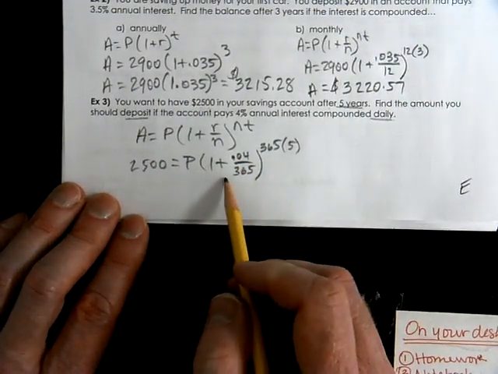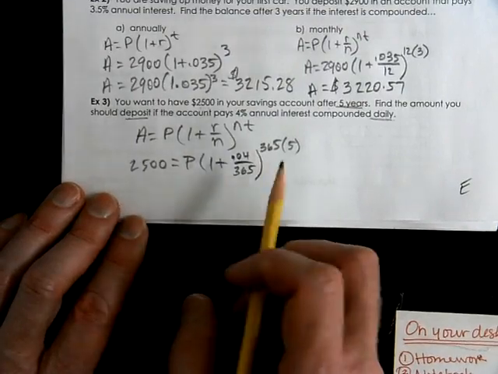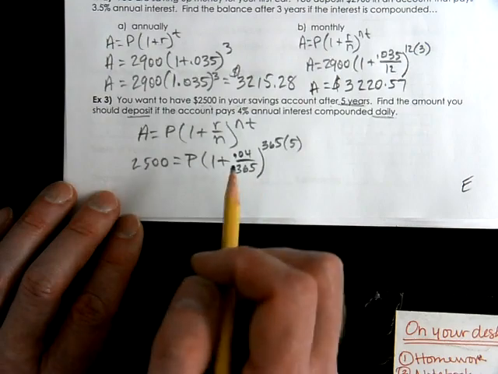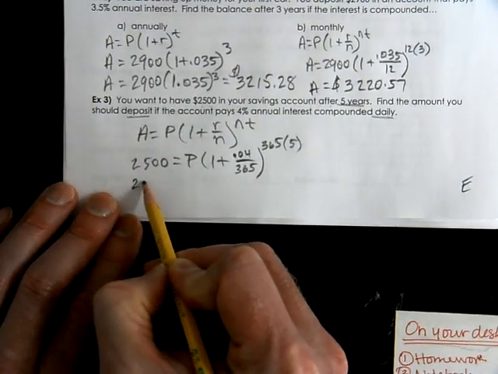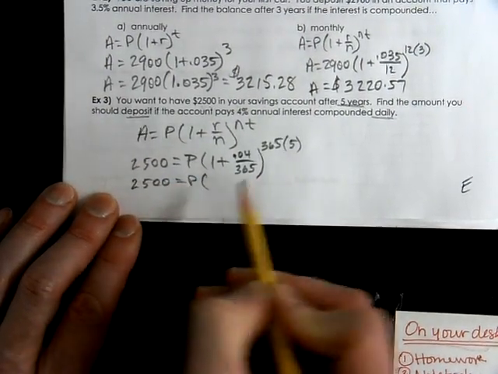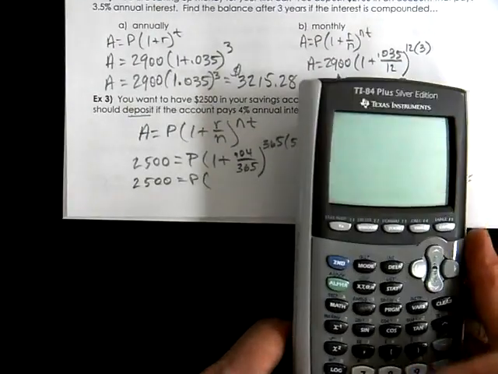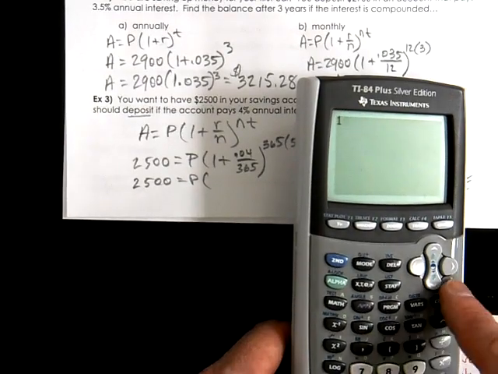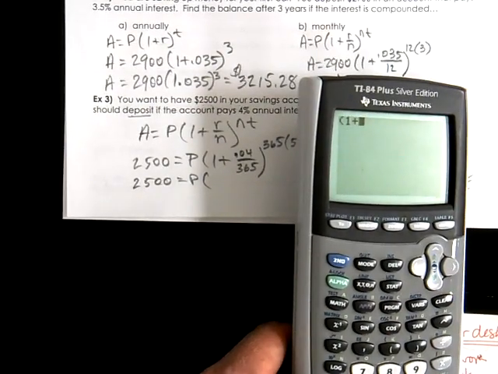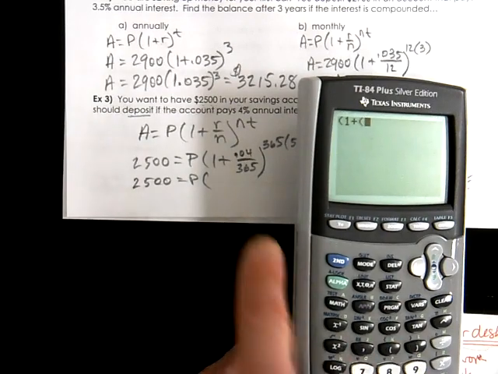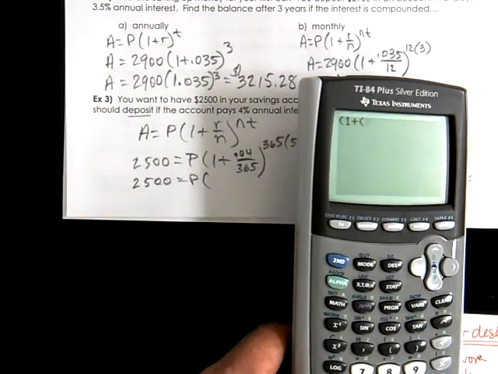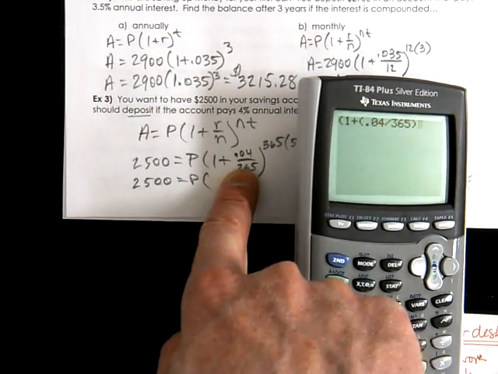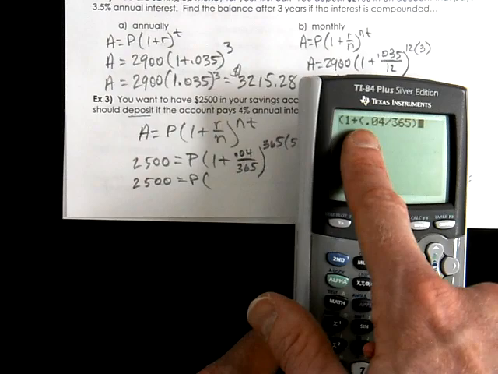So now we can calculate this out. You can do it all in one step, but I want to discuss rounding work. It does make a difference. So 2,500 equals P. We can type this portion into your calculator. So 1, well, we should use parentheses, 1 plus, and we want the 0.04 divided by 365 to be the fraction that we're adding to the 1.